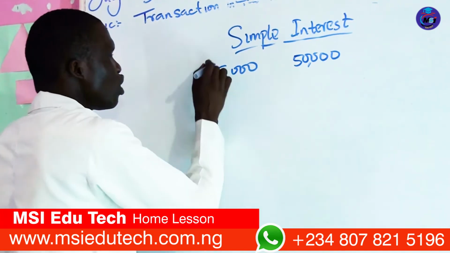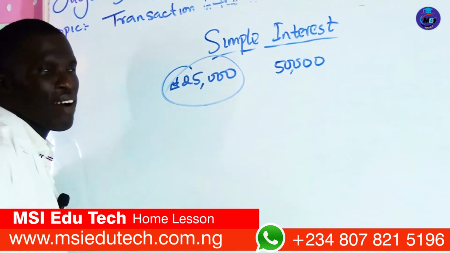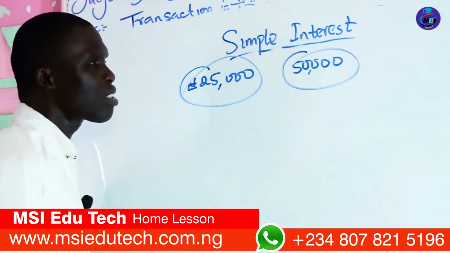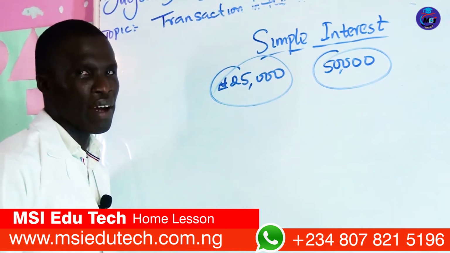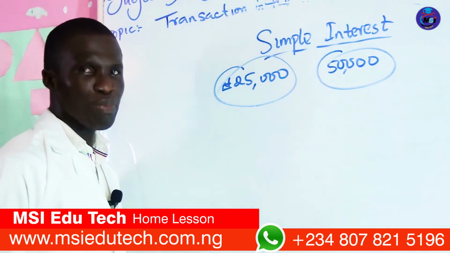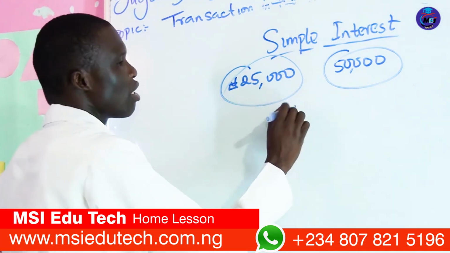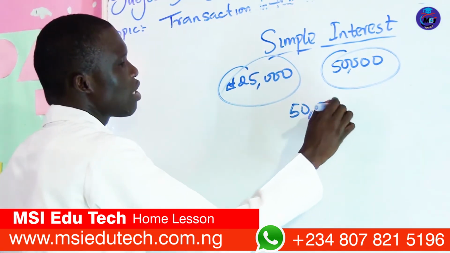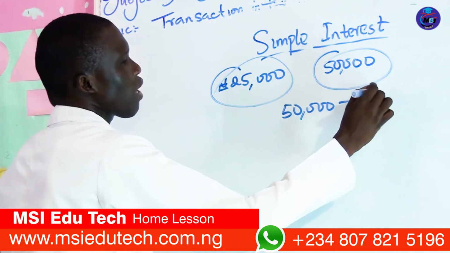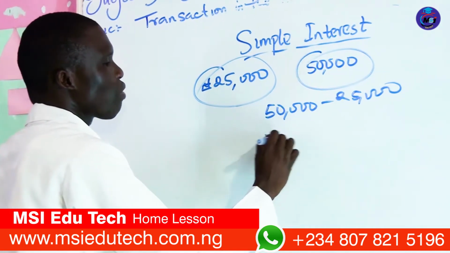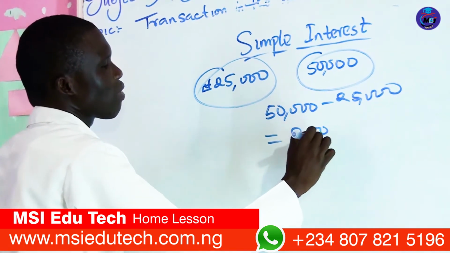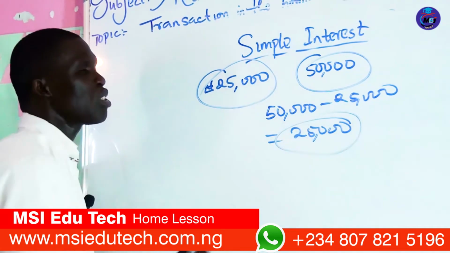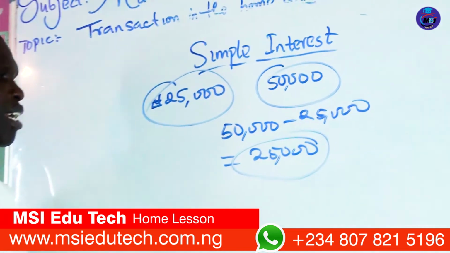So what will be the interest to pay? It will just be 50,000 minus 25,000, which will give us 25,000. So this is what we call simple interest.